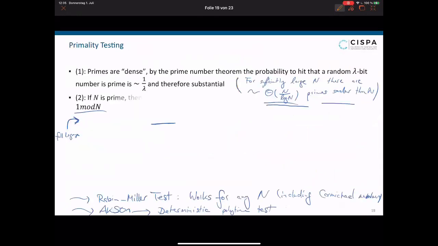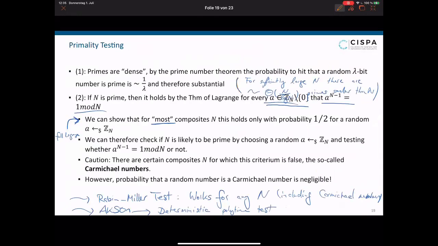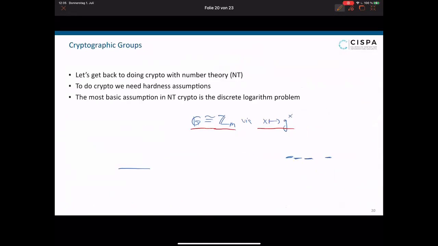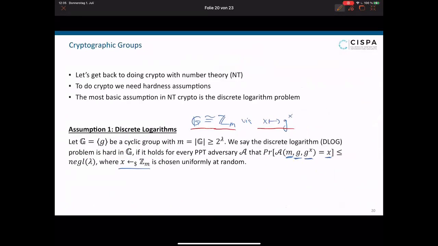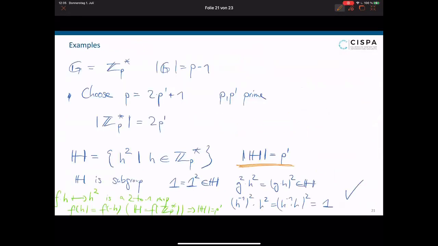Now we talked about primality testing and about cryptographic groups. As an example, we have seen this group H here.